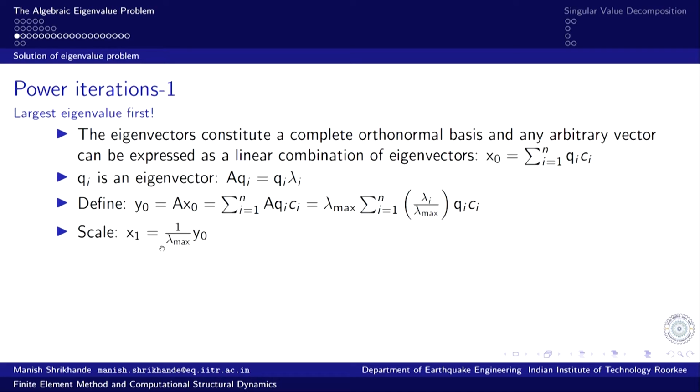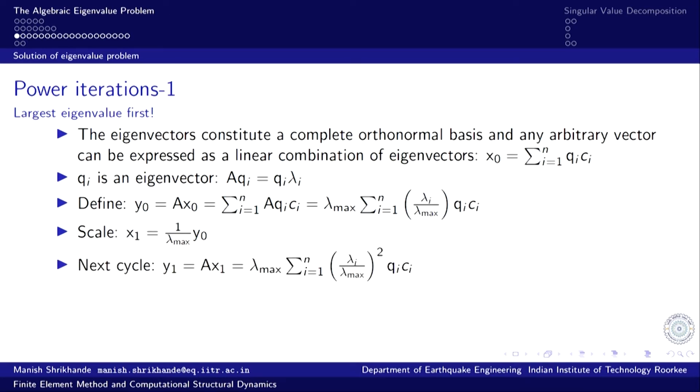And then we can scale this vector y 0 that we have computed by this factor, let us say y max lambda max, and that gives us the new trial vector x 1. And now again I iterate. I define the new vector y 1 as A times x 1.